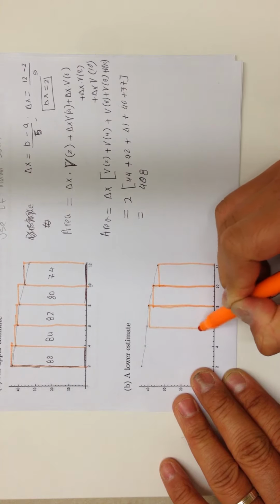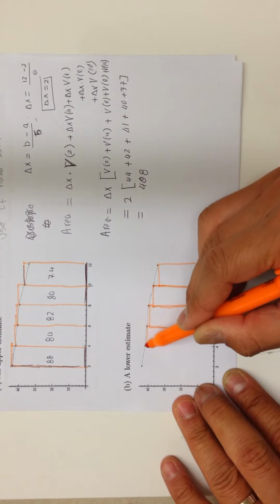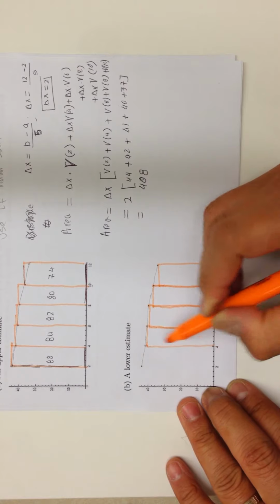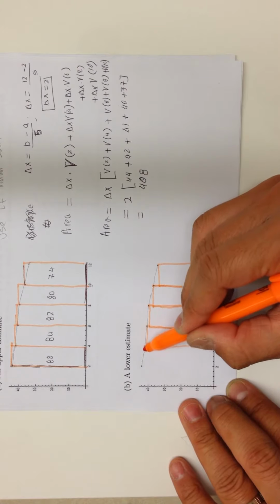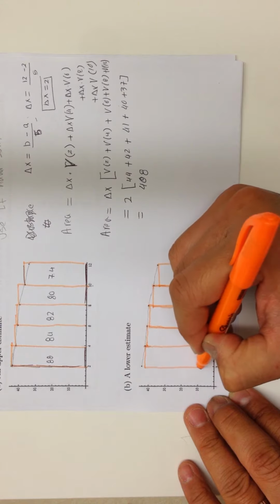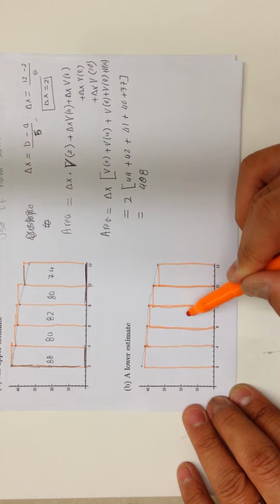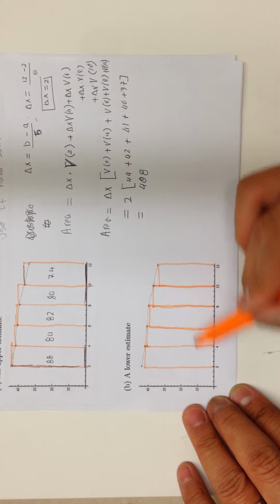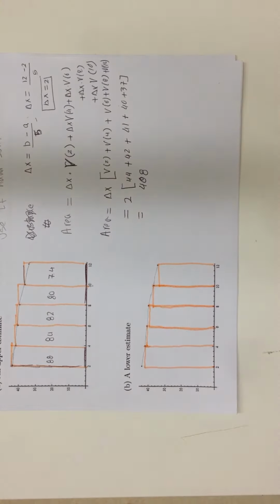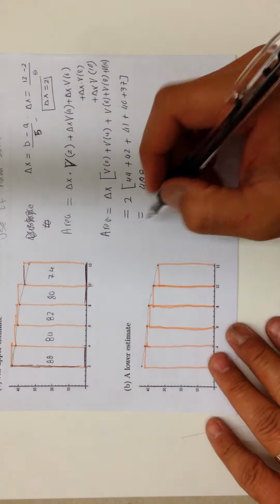Notice that all these rectangles are below your curve, and therefore you are doing a lower estimate. In other words, the area of all these strips of rectangles will be less than the true area below the curve. Now I'm going to use the formula that I established for you.